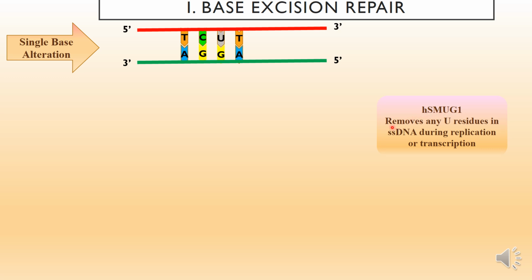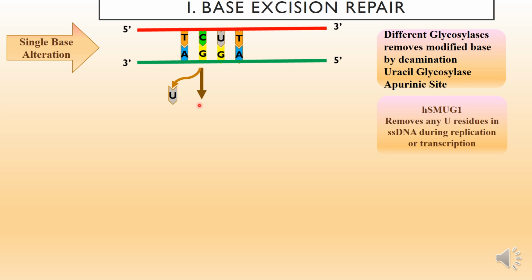This is a protein that removes any uracil residues in the single stranded DNA during replication or transcription. As you know that DNA does not have uracil, so by mistake if there is a uracil, then it is removed by the glycosylases. So let us see how it does it.